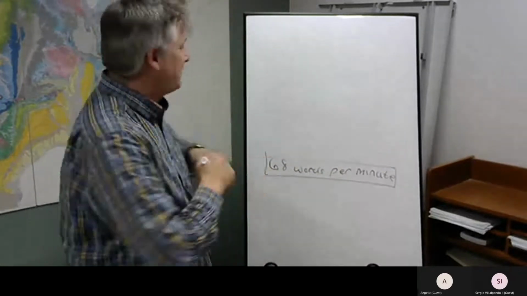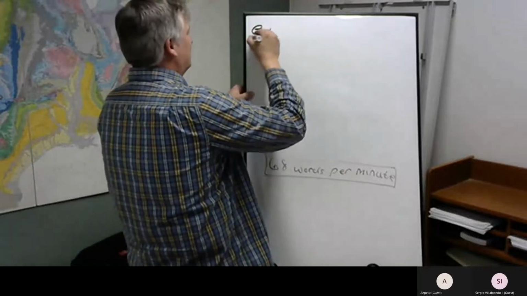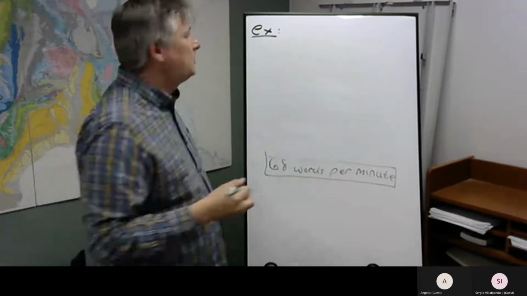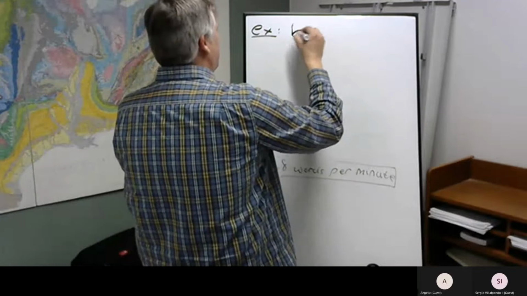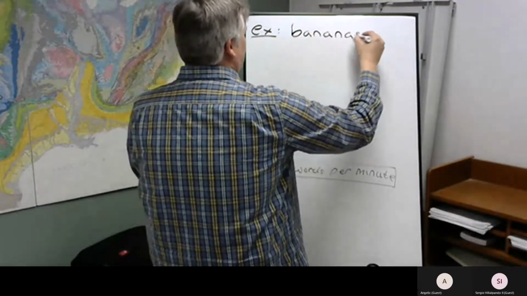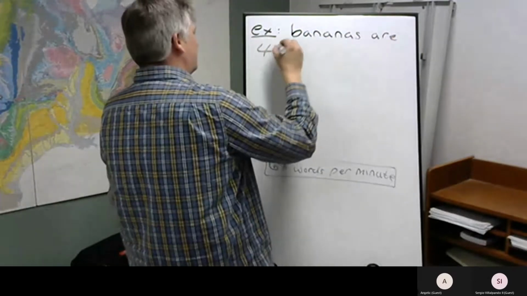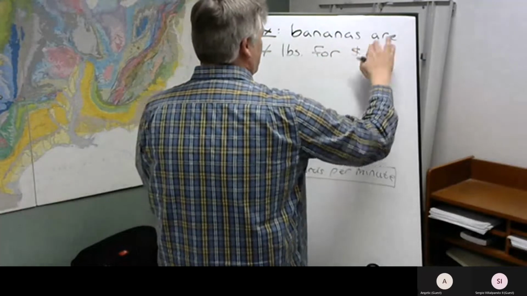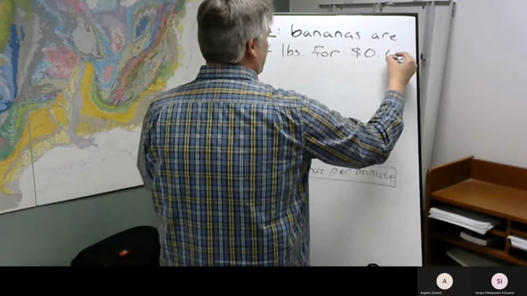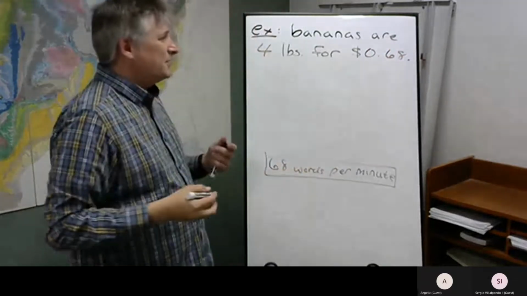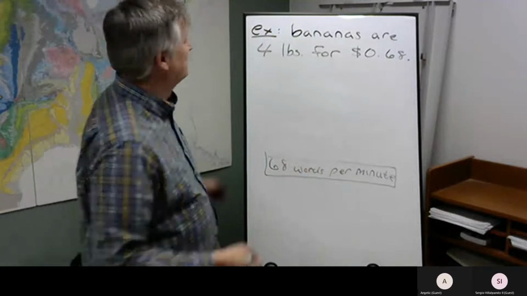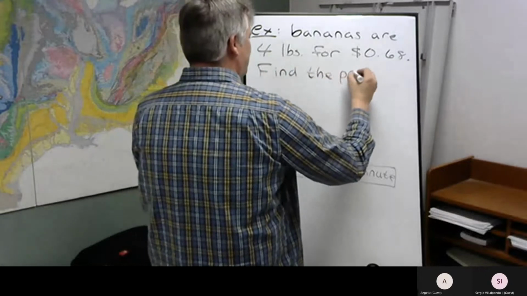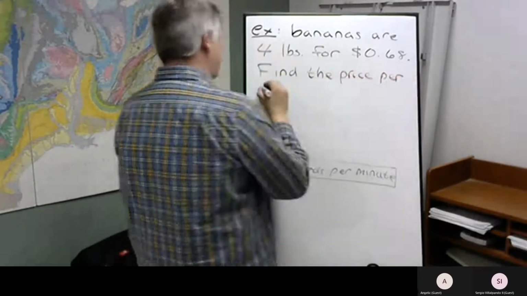So let's say you have something like this. I'm not sure what the price for bananas is, but let's say you get 4 pounds of bananas for 68 cents.